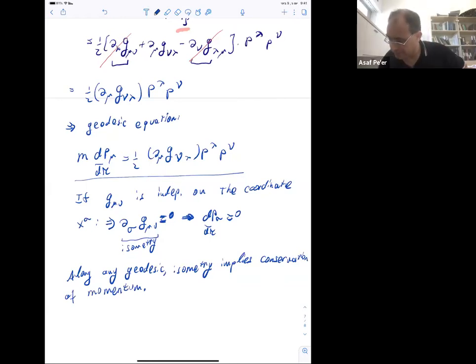So, the fact that these exist means that these isometries are extremely useful for us, especially when we come to discuss the motion of test particles in curved spaces. It's going to be extremely useful to find these isometries. It makes our life much easier in analyzing the motion of particles.